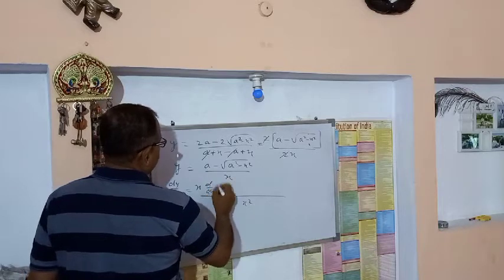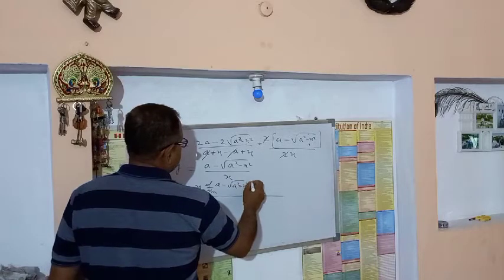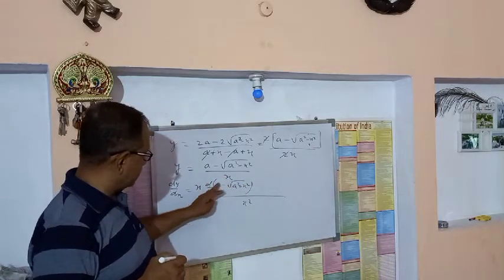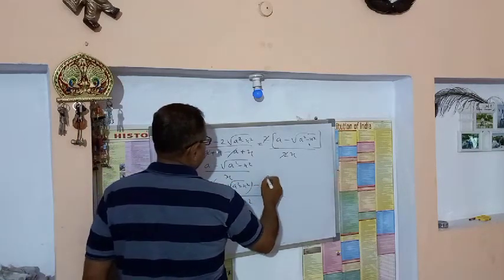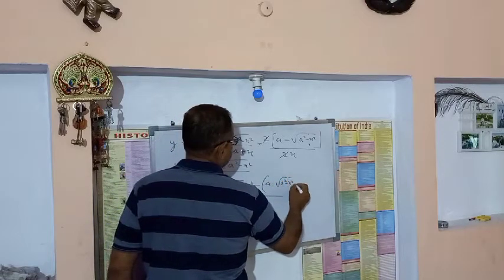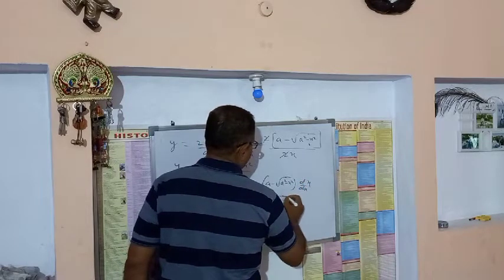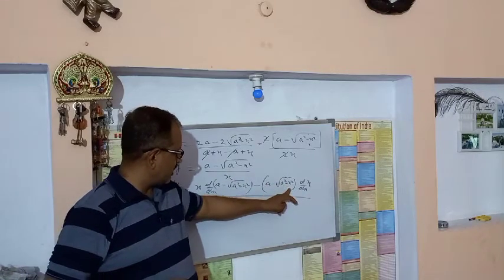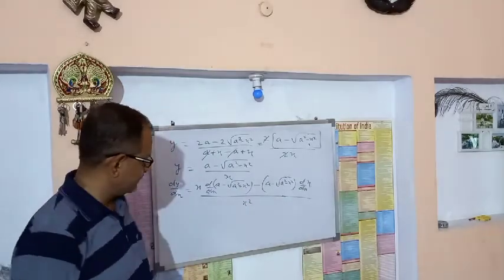Then denominator x into derivative of numerator a minus under root a square minus x square, minus numerator a minus under root a square minus x square into derivative of denominator x.